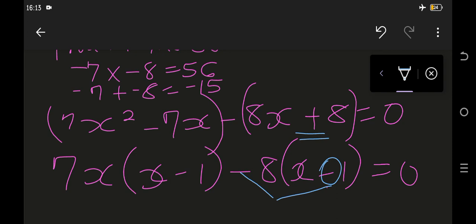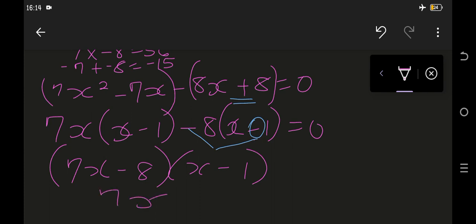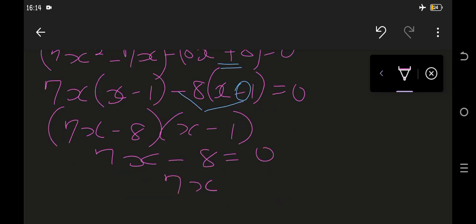Now let us proceed. This means that you will take 7x minus 8 and x minus 1. This will be 7x minus 8 is equal to 0. This is 7x is equal to 8. Divide both sides by 7. So that here x is going to be equal to 1 and 1 over 7.